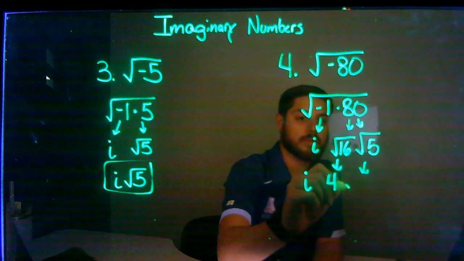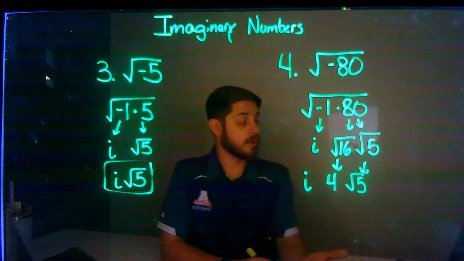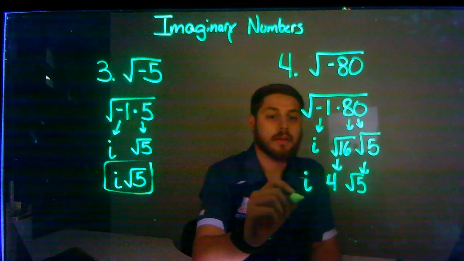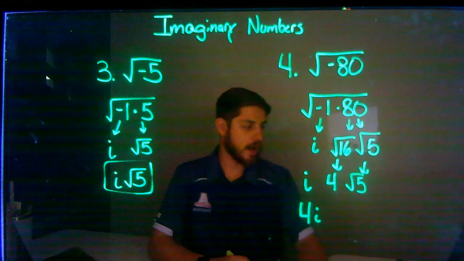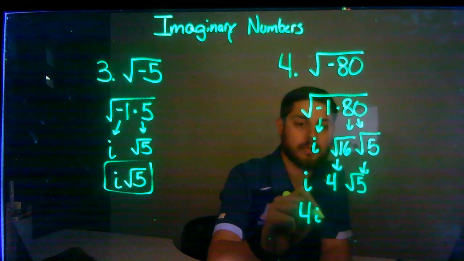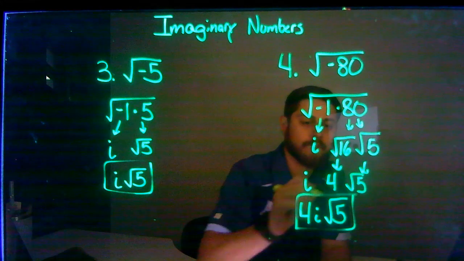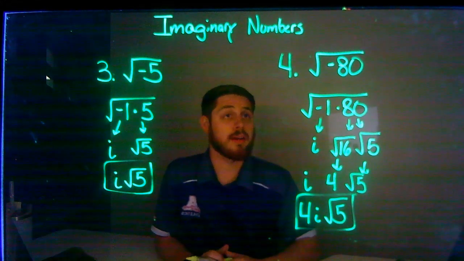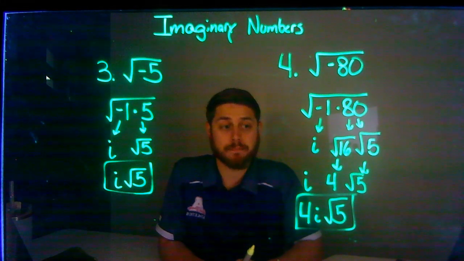And this is going to be square root of 5. So the way I'm going to rewrite this is with the terms here at the front, 4 and i. That's going to be 4i square root of 5. And this would be the most simplified that this negative square root of -80 is going to get.